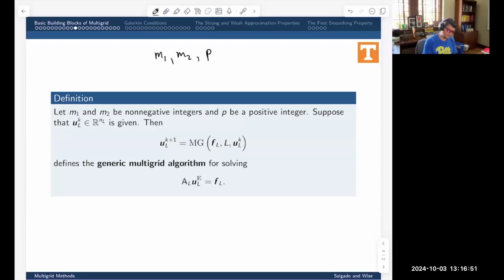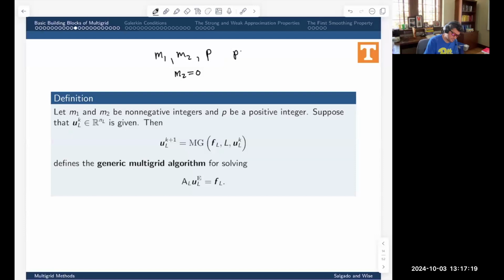Oftentimes, at least we saw this in the two-grid algorithm, we can throw away one of these smoothing steps. Oftentimes, M2 is set equal to 0 to give what's called a one-sided method. Now, we never set both M1 and M2 equal to 0 because that's going to lead to an algorithm that actually doesn't converge. A typical value of P is going to be either P equals 1 or P equals 2.